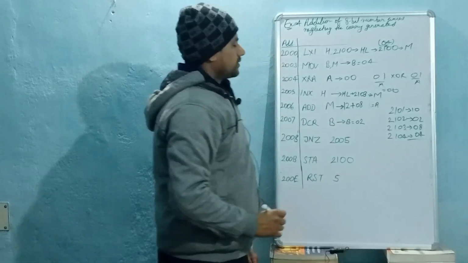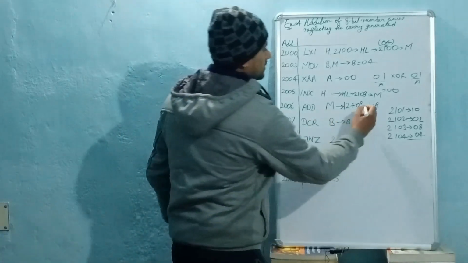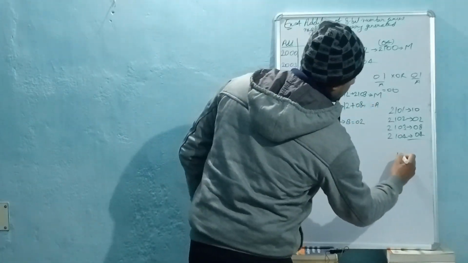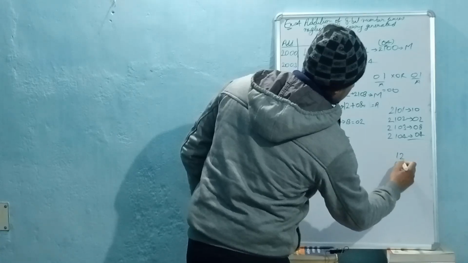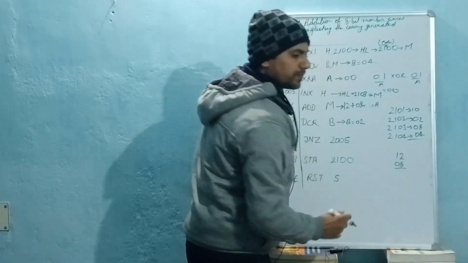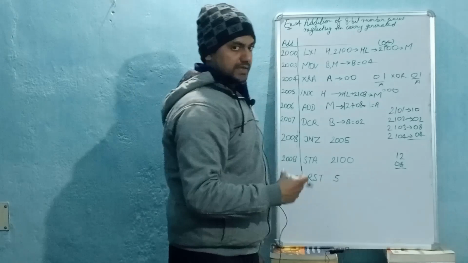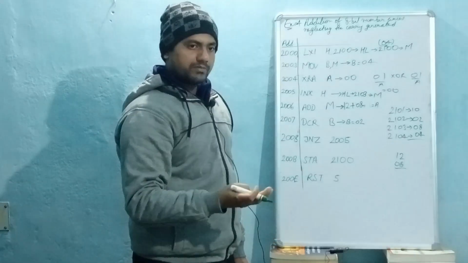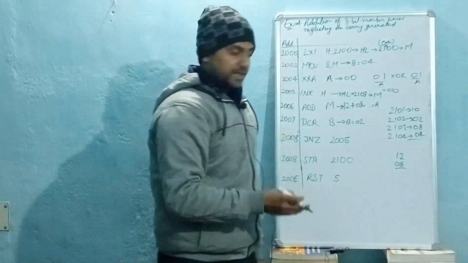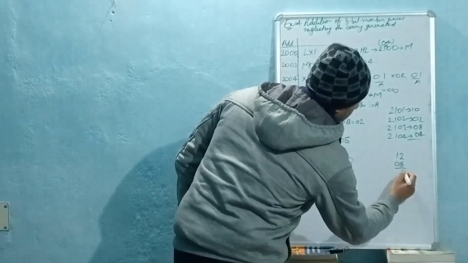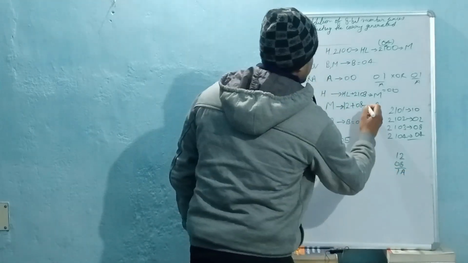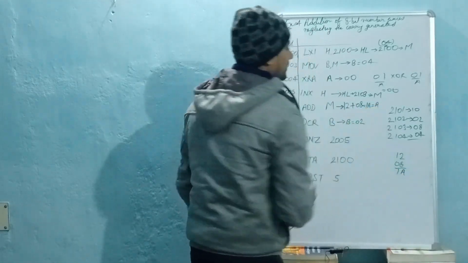So when we add this, now you see 12 and 08. 8 plus 8, in hexadecimal, after 8 we have 9, and then after 9 we have A. So here we can write A, and this one is 1.